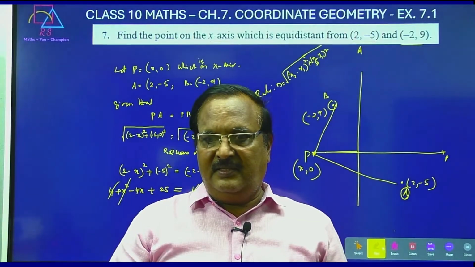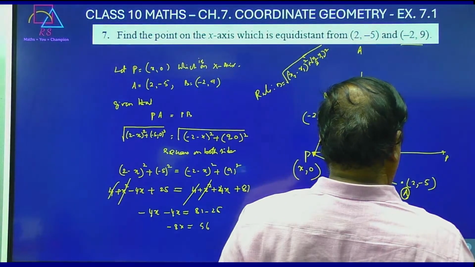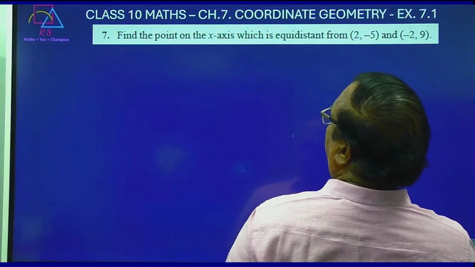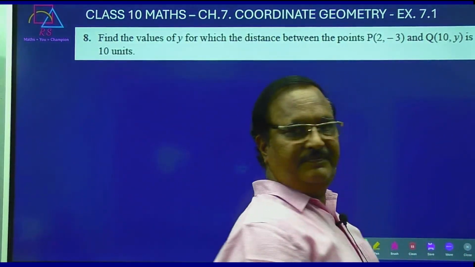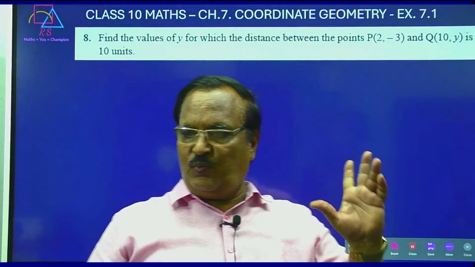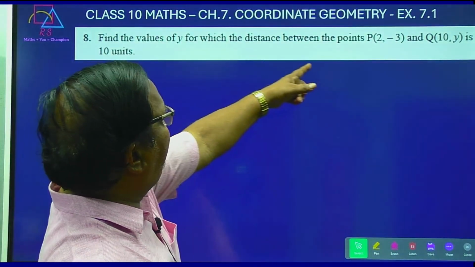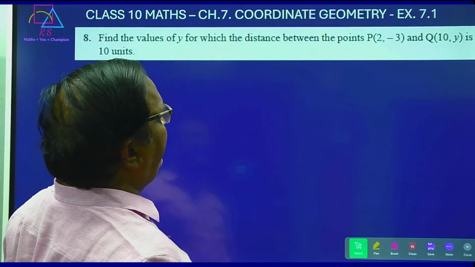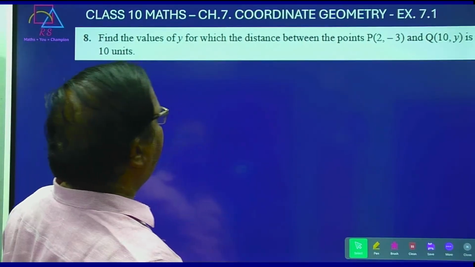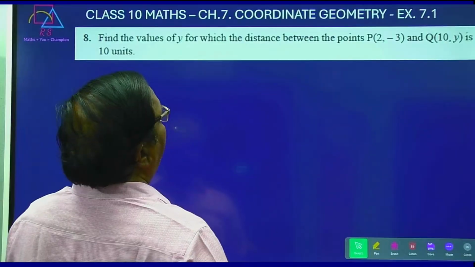Okay, now let me go to another question. Question number 8, exercise 1. Find the values of y for which the distance between P and Q is 10 units.